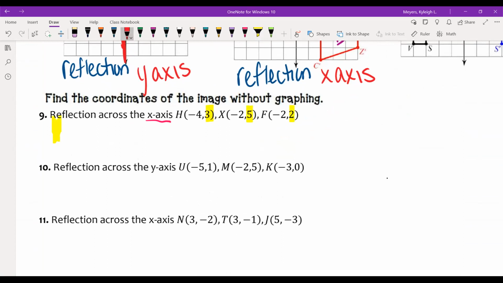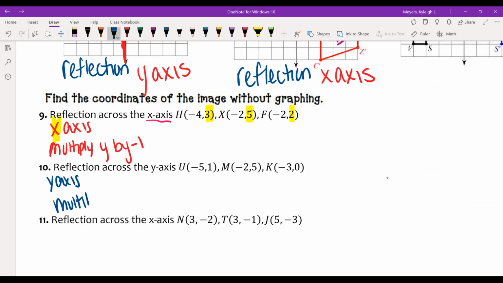So if it goes over the x-axis, multiply y by -1. If it goes over your y-axis, you multiply x by -1.